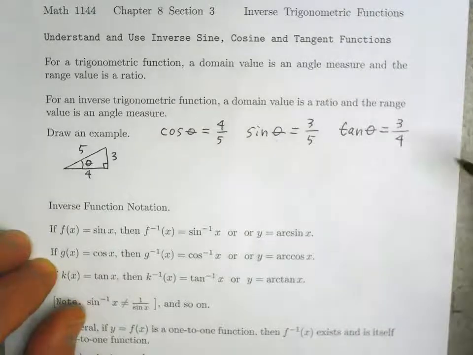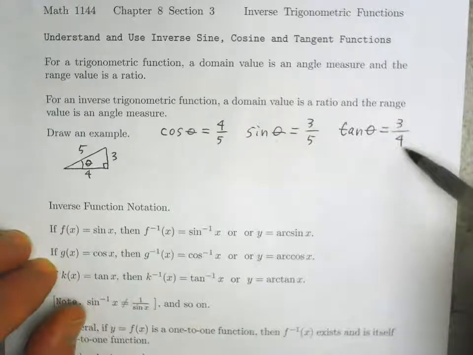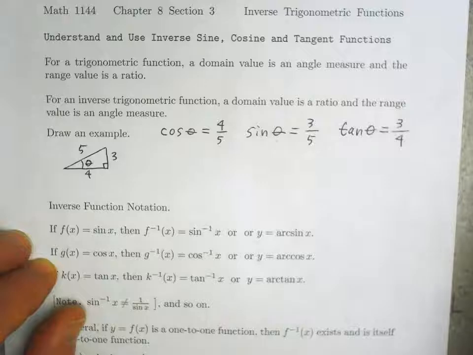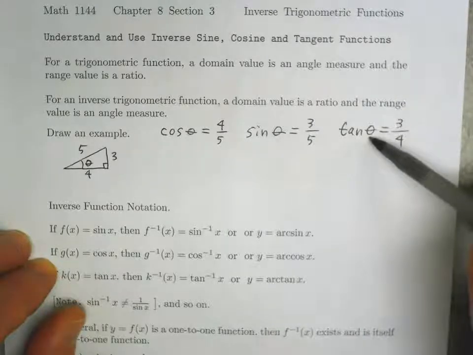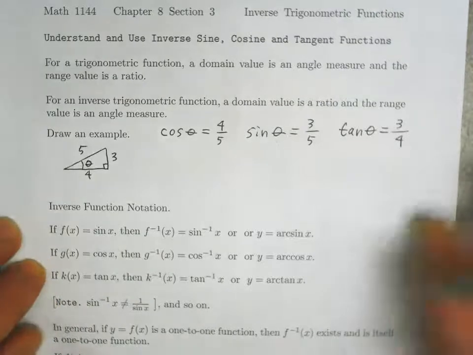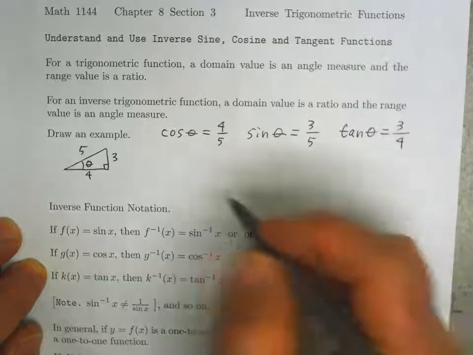And the same for tangent. Since tangent of theta equals 3/4, the inverse tangent will have an input value of 3/4 and an output value of theta. I'll go ahead and use the inverse notation that I'll discuss in a second.